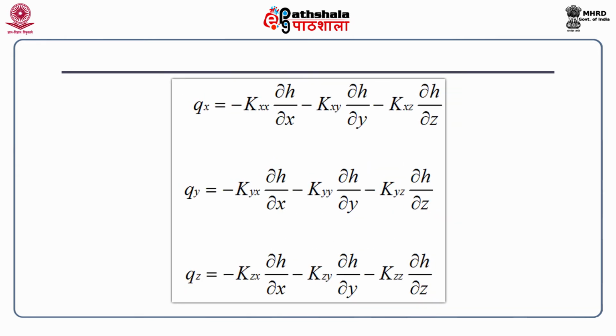So, we can expand Darcy's equation for all three directions, Qx, Qy and Qz, in this manner, and if the main directions are parallel with the x, y and z directions, then we can reduce Darcy's velocity to the three main equations.